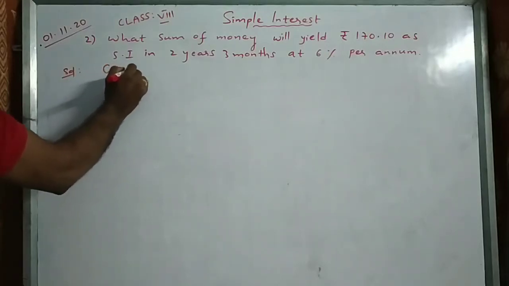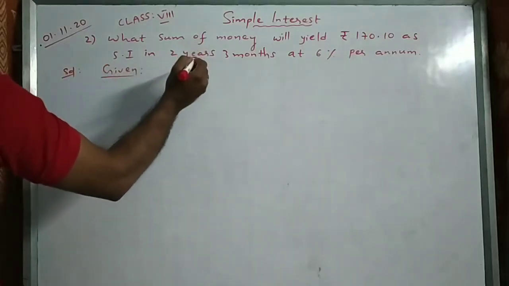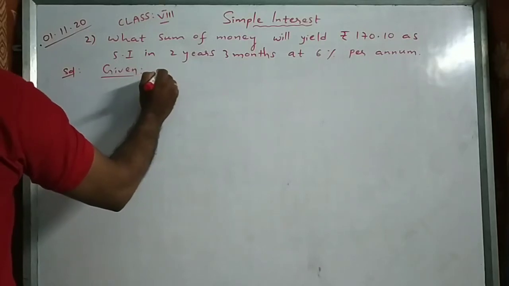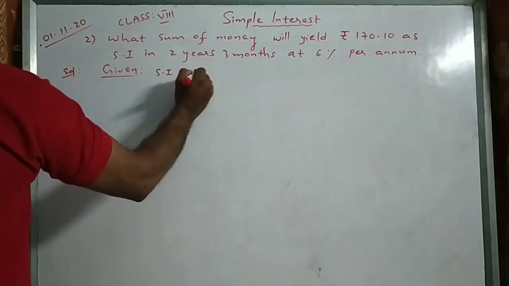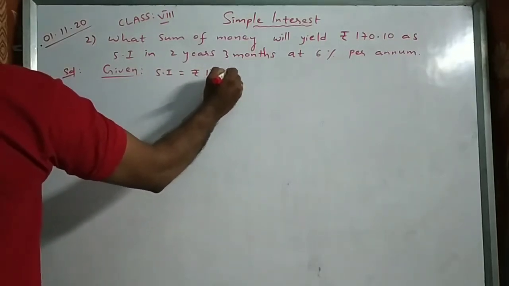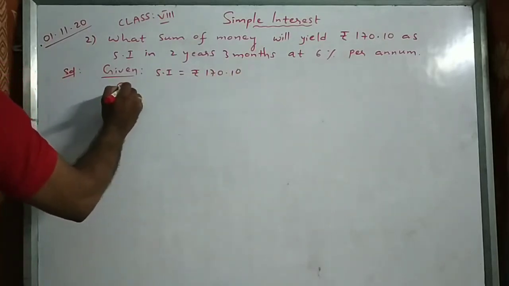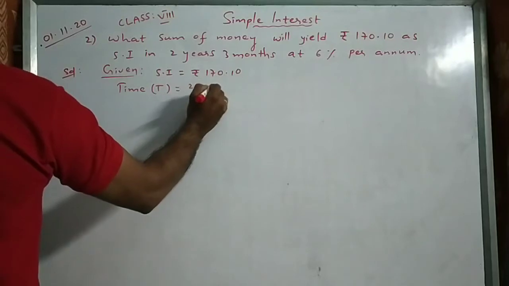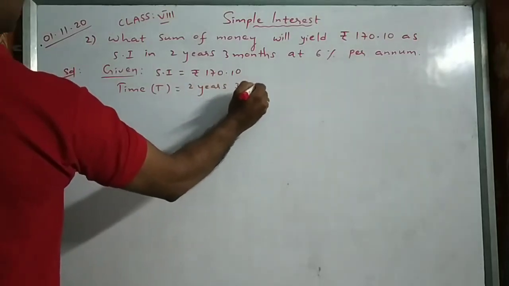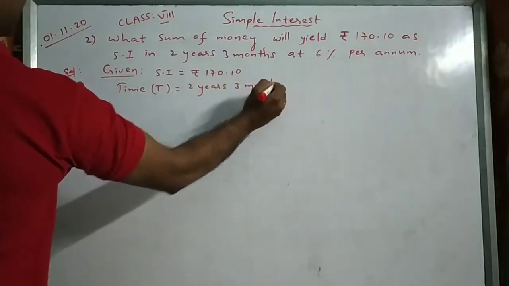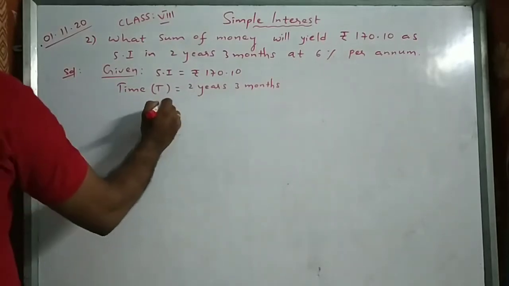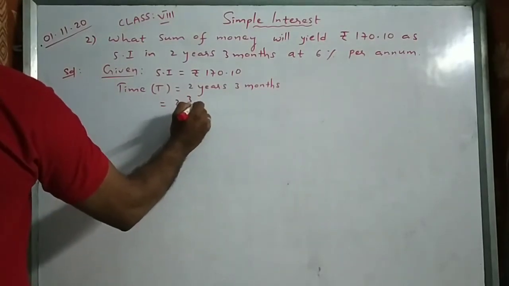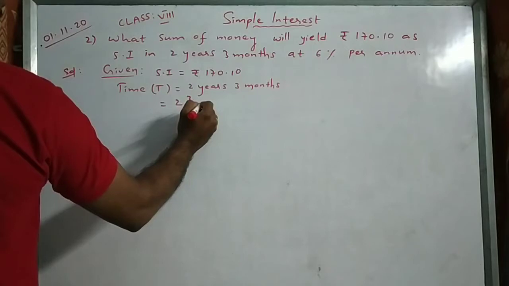What is given? Simple interest is given now. Simple interest rupees 170.10. Time is given. Time T is equal to 2 years 3 months. That can be changed in years, right? 2 years 3 months means 3 by 12, right?